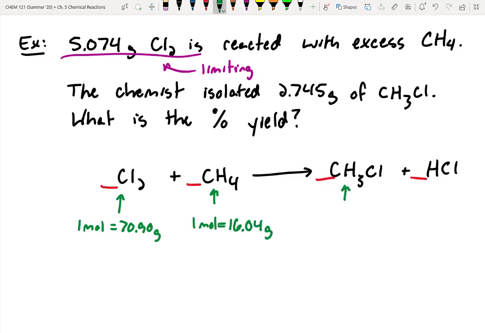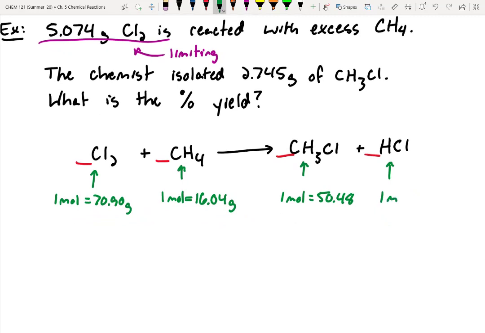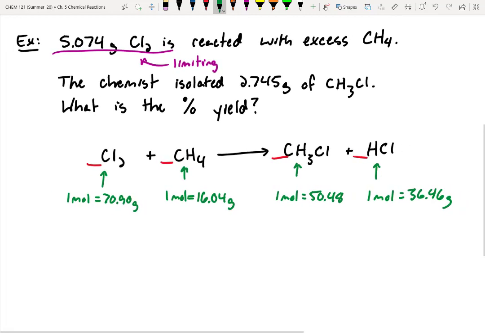And then 1 mole of chloromethane is equal to 50.48 grams. And then over here, we've got HCl, which 1 mole is equal to 36.46 grams. All right, so we've got the appropriate conversions there. We've got our reaction coefficients. We should be set to go.